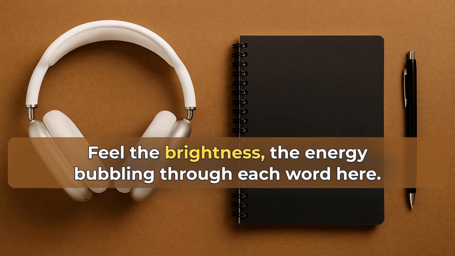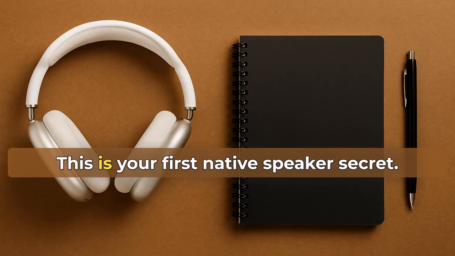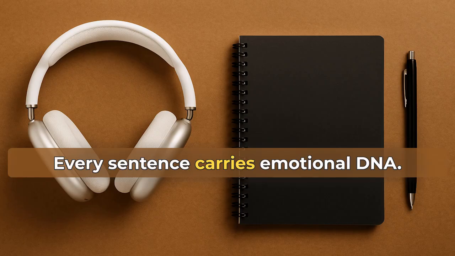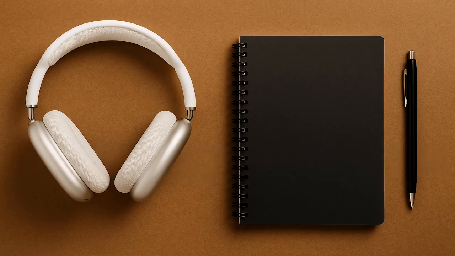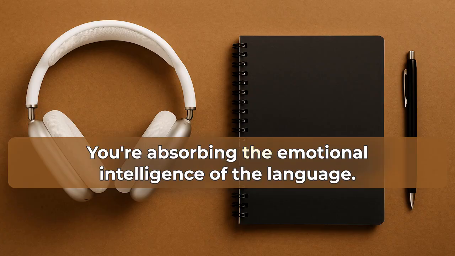Feel the brightness, the energy bubbling through each word. Here, can't becomes almost bouncy, and yesterday lifts with enthusiasm. This is your first native speaker secret. Every sentence carries emotional DNA. When you shadow, you're not just copying pronunciation, you're absorbing the emotional intelligence of the language.